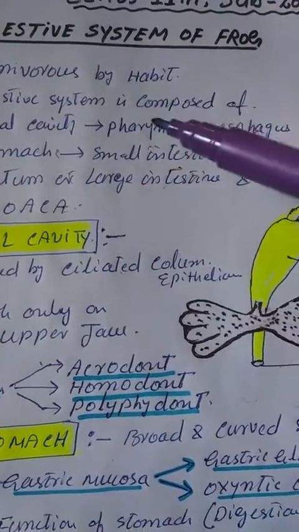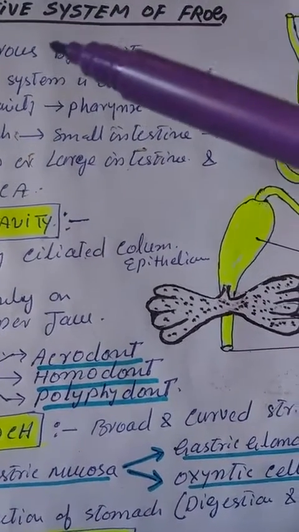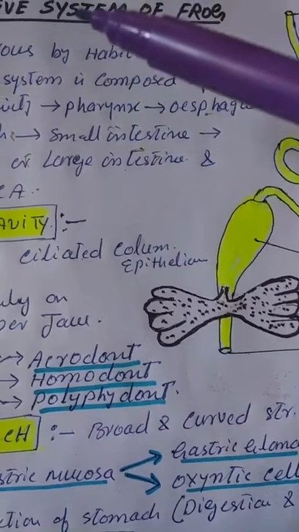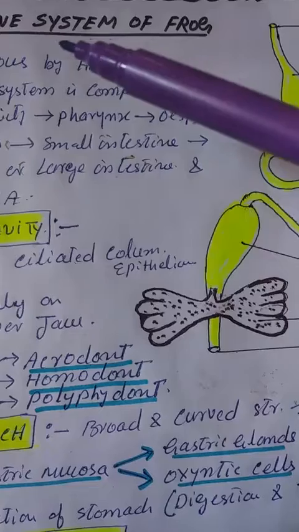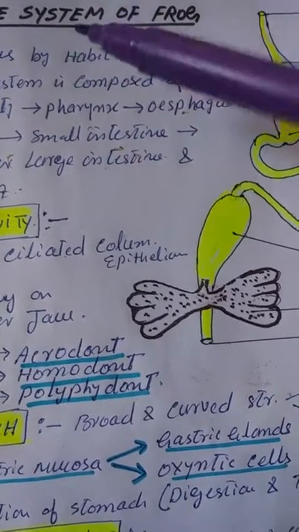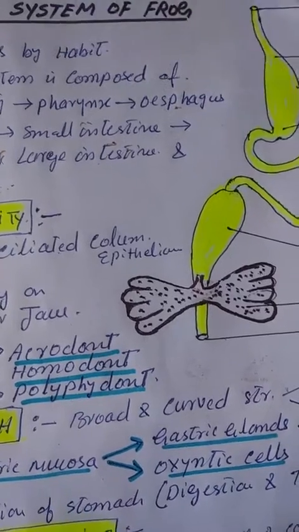The buccal cavity has a wide transverse mouth at its proximal end. The upper jaw is immovable, while the lower jaw is movable, as in human beings and other mammals.